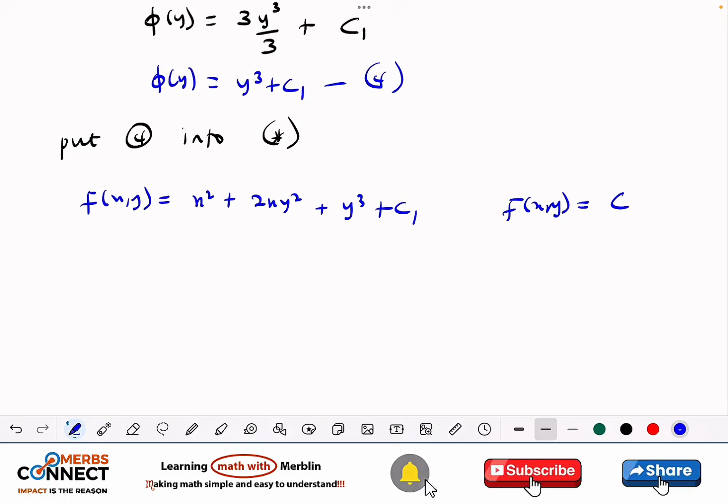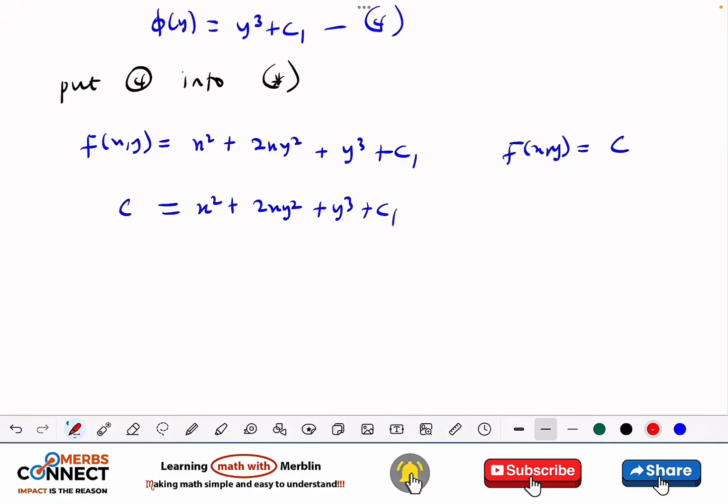So what can we do here? Now we are going to have c equal to x squared plus 2xy squared plus y cubed plus c1, and this is the same as x squared plus 2xy squared plus y cubed plus c1 minus c, which is equal to 0.